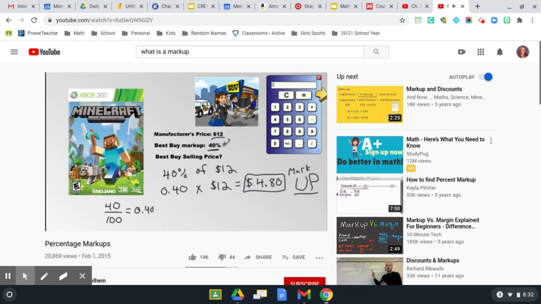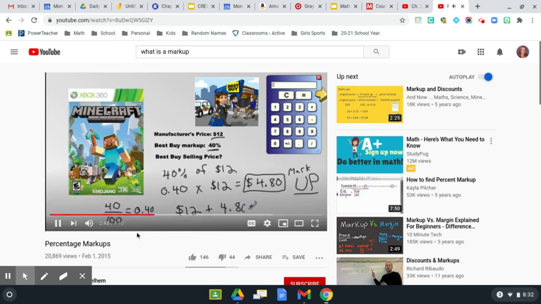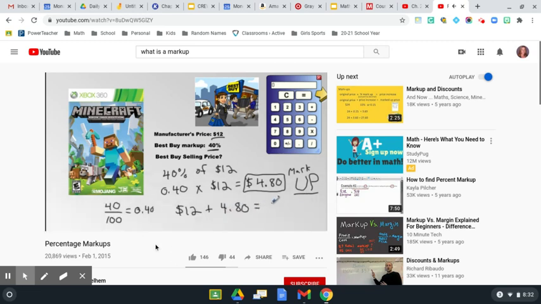So you start with the $12 and you add $4.80. Doing so will get you $16 and 80 cents. That's going to be my price, $16.80.